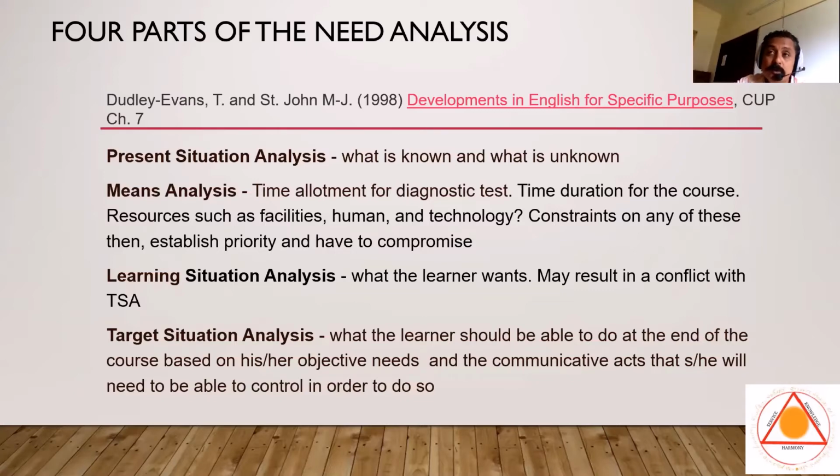If it is one-to-one, and if it is one-to-many, we will see today perhaps what the difference is between a one-to-one session and a one-to-many session. So how much time you devote to the diagnostic test after the present situation analysis is very important in any session that you begin your teaching. And then the time duration of the course.